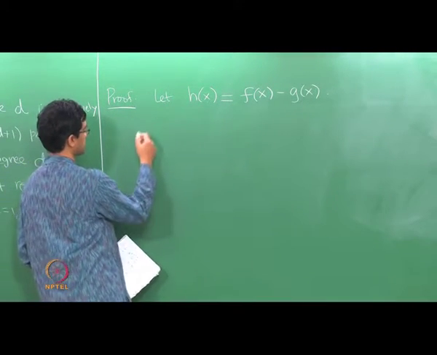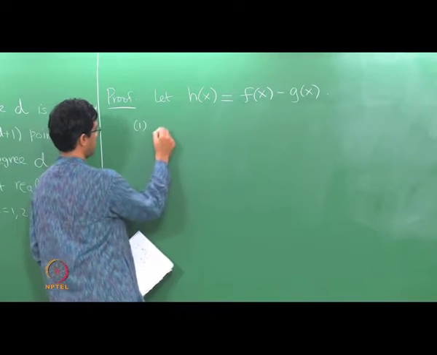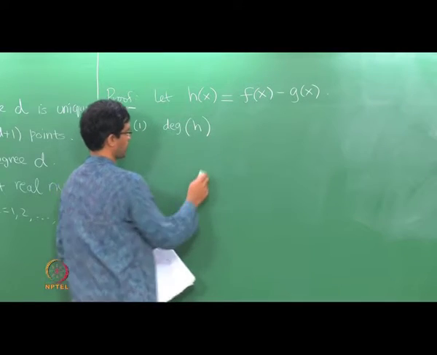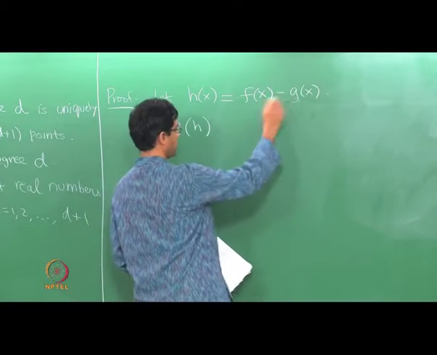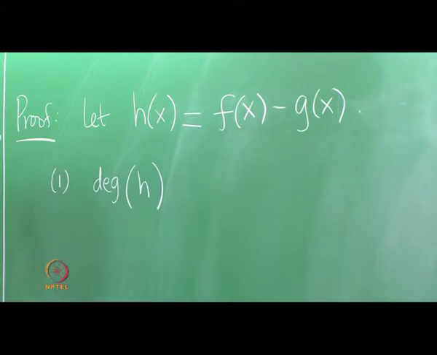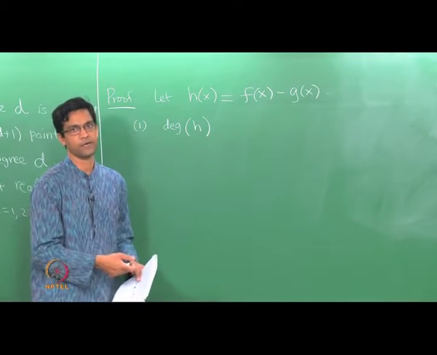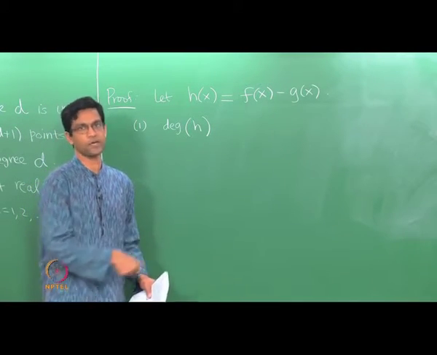Here are the various things we know. Fact 1 is the degree of the polynomial h. Observe f and g are both degree d polynomials, and when you subtract two degree d polynomials, you might get possibly something of degree d, but could also be something of strictly smaller degree than d.